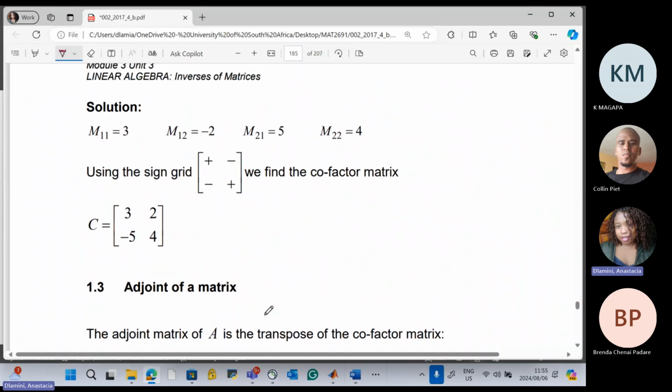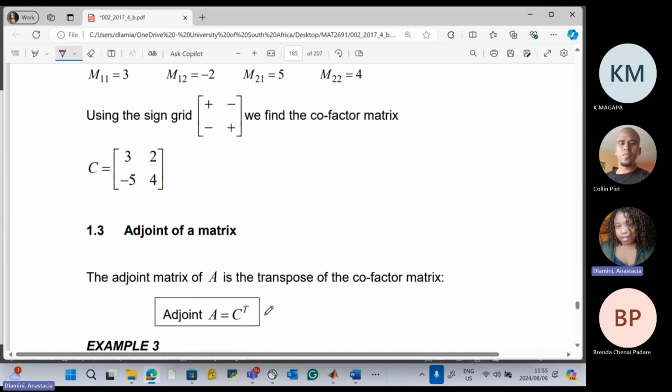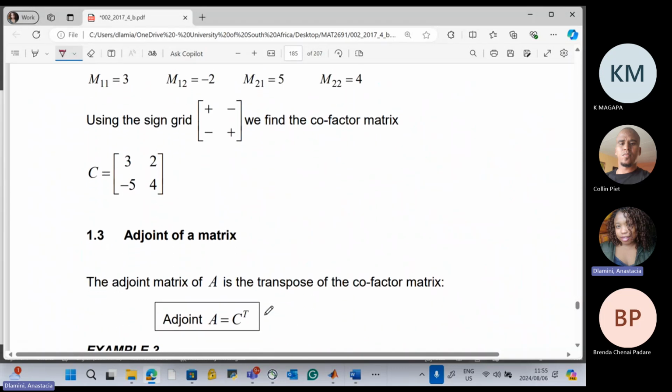I come back. So let's do the adjoint of a matrix. Now the adjoint of a matrix is the transpose of a cofactor matrix. Please give me the adjoint of matrix A, the one we calculated.